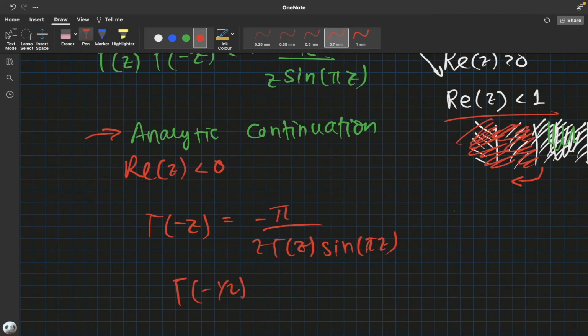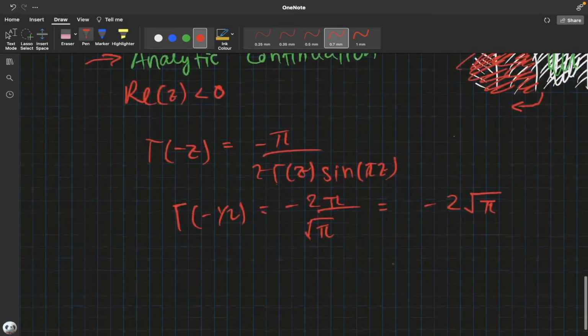Gamma of negative 1/2 is minus pi over 2. Gamma of 1/2 is square root pi. Sine of pi over 2 is 1. So that just gives you minus 2 times square root pi.